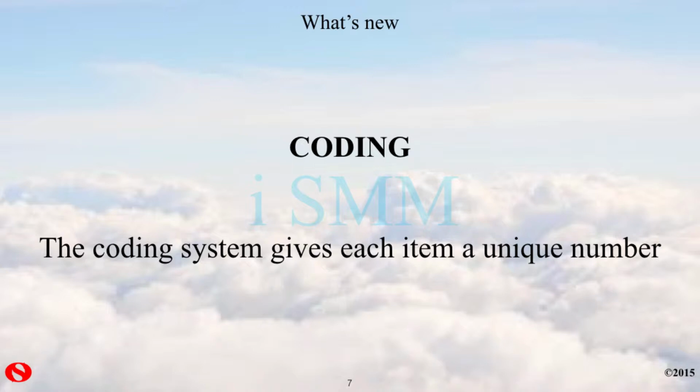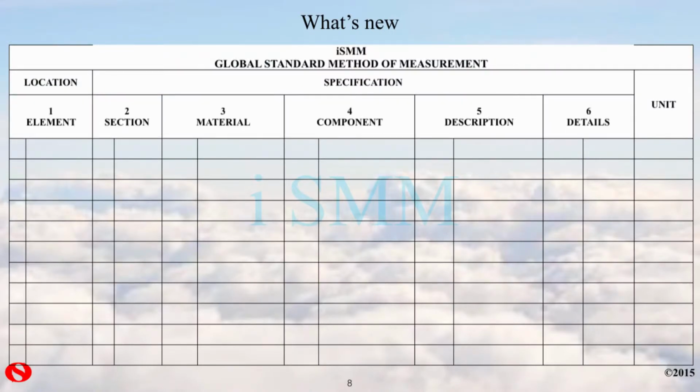The next innovation is coding, a new unique coding system which gives each and every line item a unique number. This is what it looks like for the precast concrete cladding that we've got in our building. Here are the numbers coming through. In the location, it's location 09. For the section, it's section 12, the cladding.